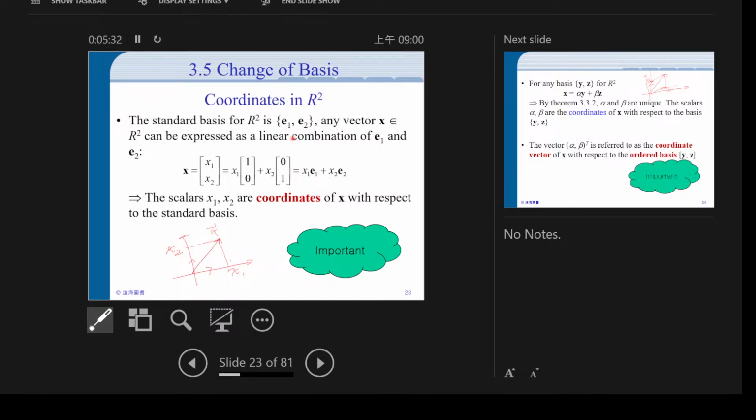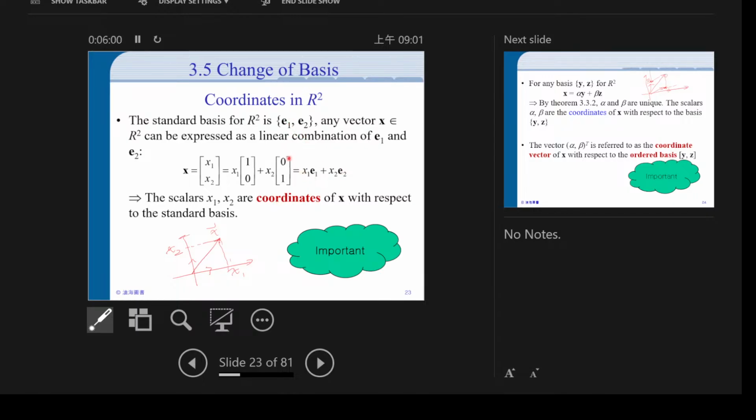Coordinates in R2 are basically the two numbers when you write down your vectors in R2. We know that every vector in R2 is described by two scalars x1 and x2, and we write them as a column vector. These two numbers can be seen as coefficients multiplying the two standard basis elements.